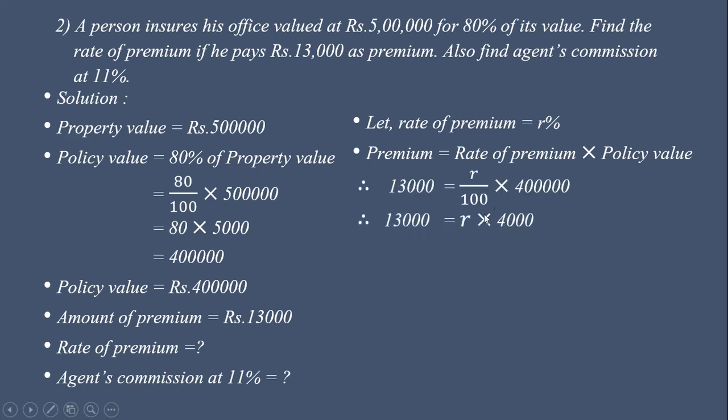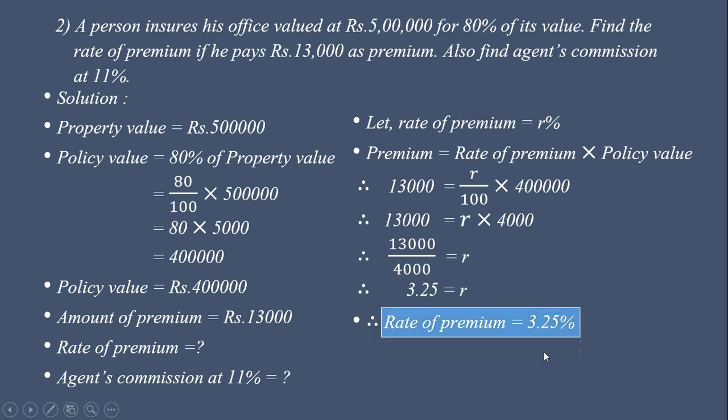Therefore 13,000 is equal to, cancelling these two zeros, we get R into 4,000. Transferring 4,000 to LHS, 13,000 upon 4,000. Cancelling these three zeros, we get R is equal to 13 upon 4. Now we get this value R is equal to, dividing 13 by 4, we get 3.25. So we get rate of premium is equal to 3.25%.